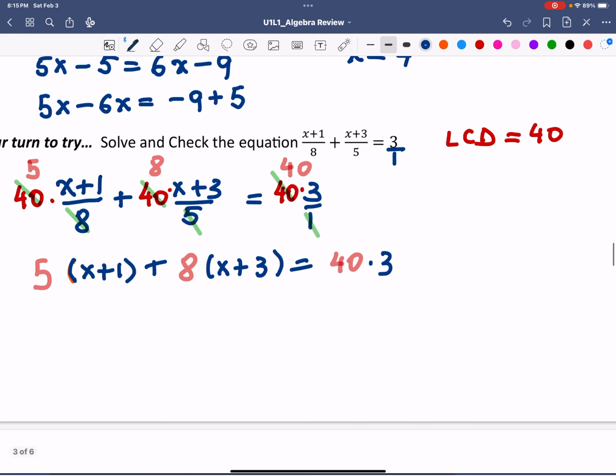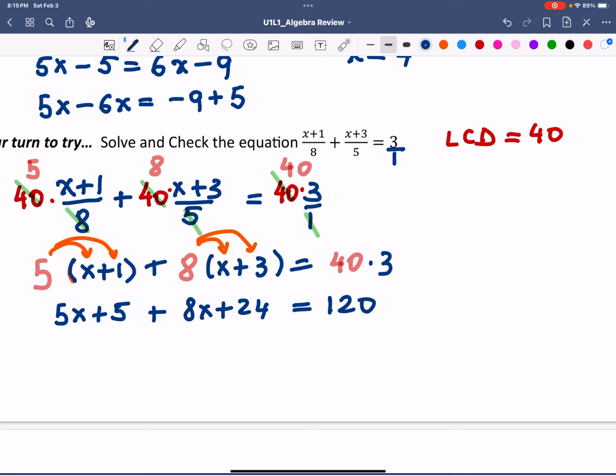Let's see what we got here. 5 times x, 5 times 1. That's 5x plus 5. 8 times x and 8 times 3. Well, that's 8x plus 24. 40 times 3, 120. Group like terms.